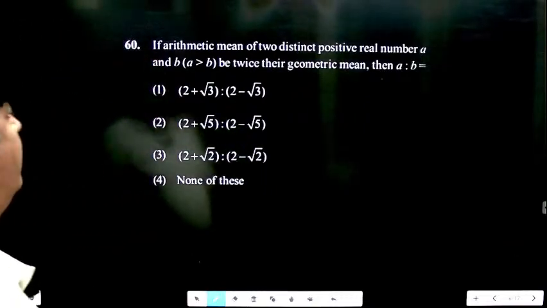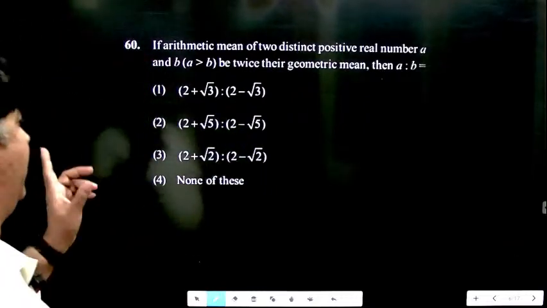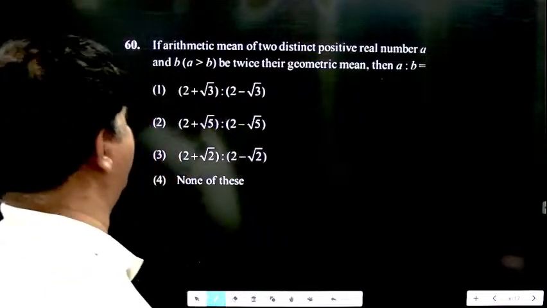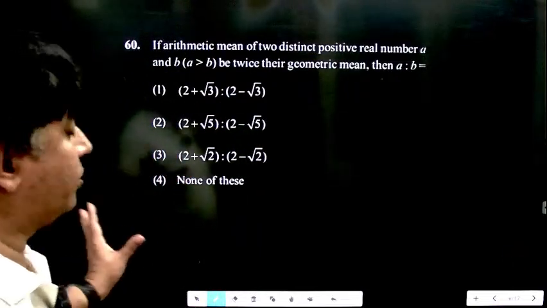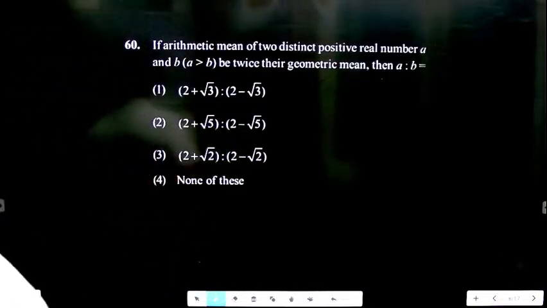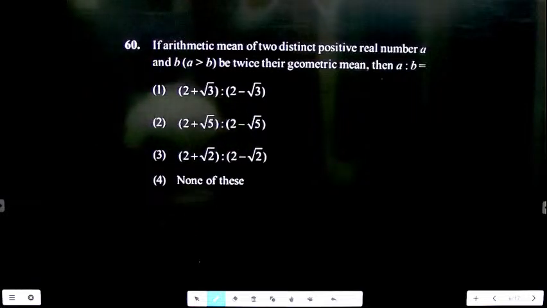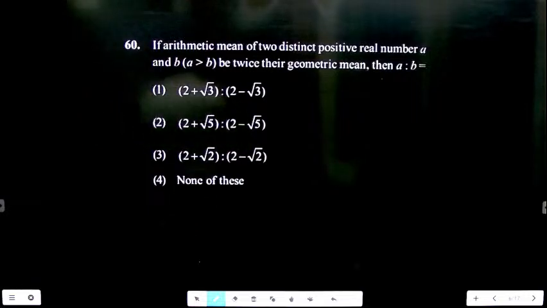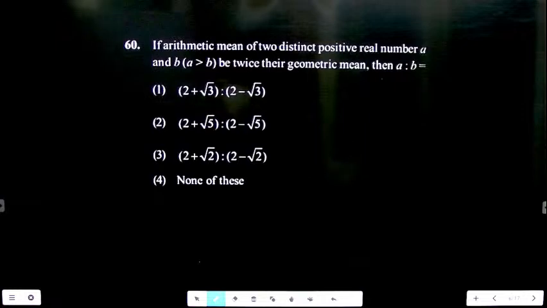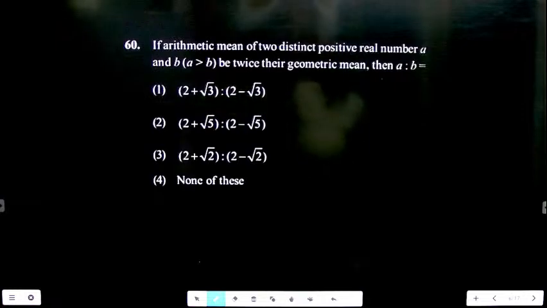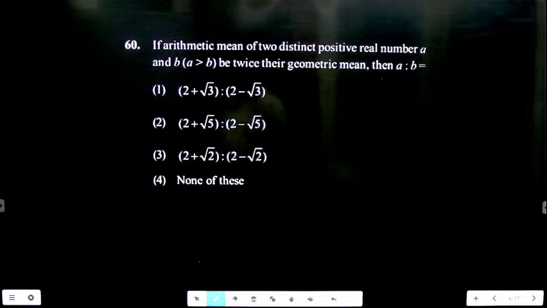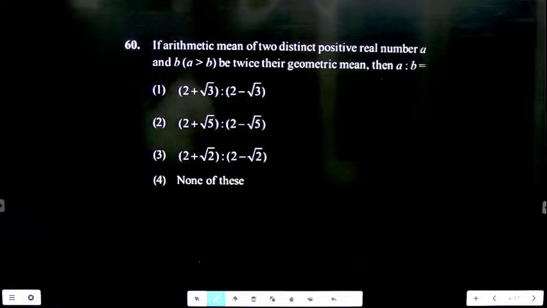Go through this sum. The arithmetic mean of two distinct positive real numbers a and b is twice the geometric mean. Just go through this sum. Have you gone through?